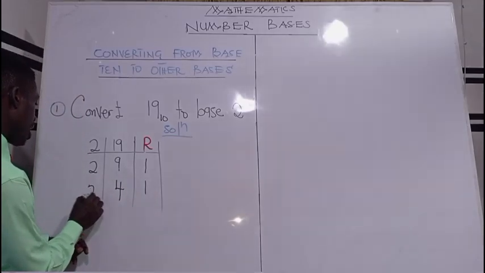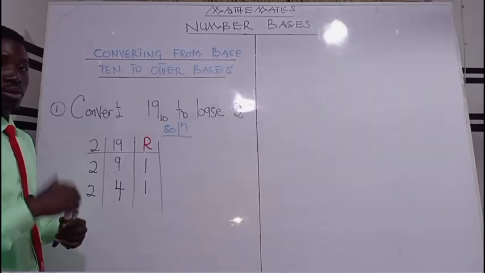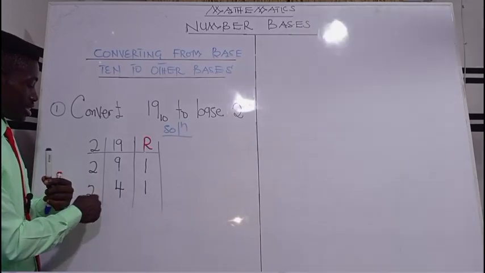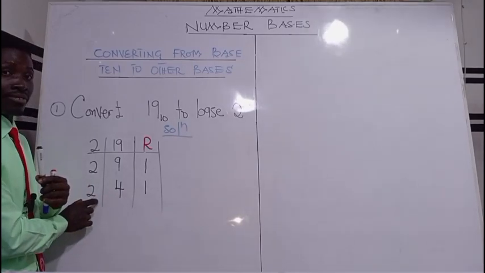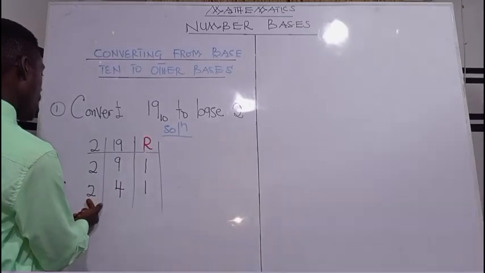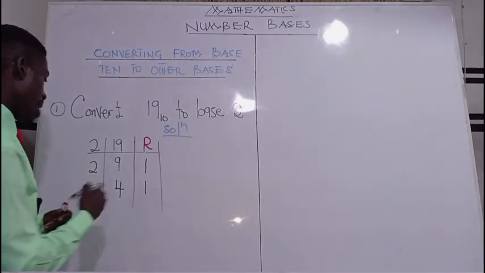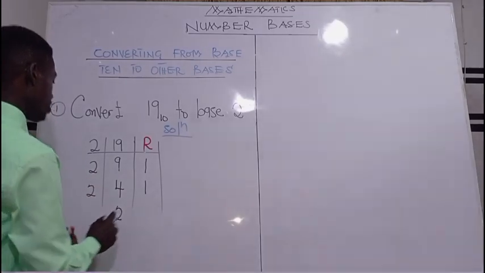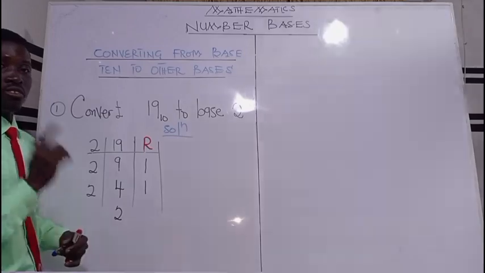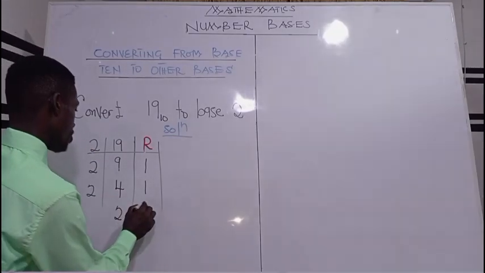Then we continue with our division because the number here is not less than the divisor. How many times will 2 divide 4? 2 times. So we write our 2 here. 2 times 2 will give us 4, remainder 0.